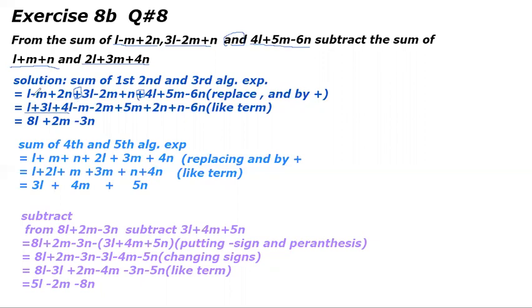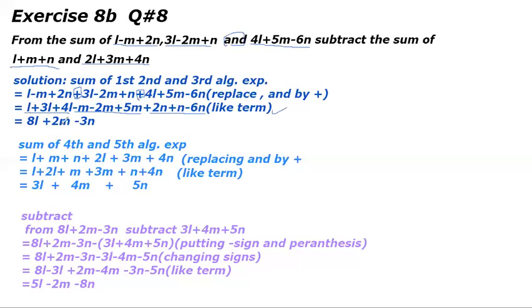Then negative M, negative 2M and positive 5M. I collected these like terms because they have the same variable. Then positive 2N, positive N and negative 6N. These three are like terms because their variable is the same. In this step, I just collected the like terms.